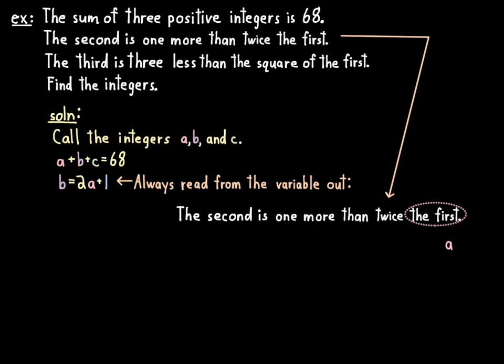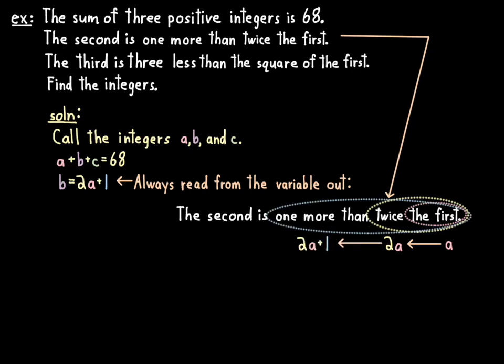That's A, the first number. Twice A is 2A. One more than twice A is 2A plus 1. And the second is B equals 2A plus 1. It's that simple. These almost always work like that.